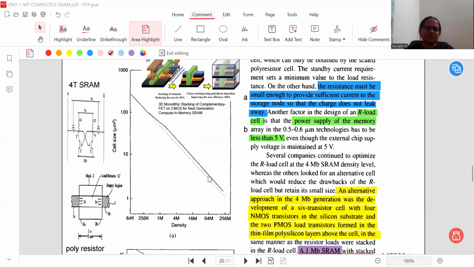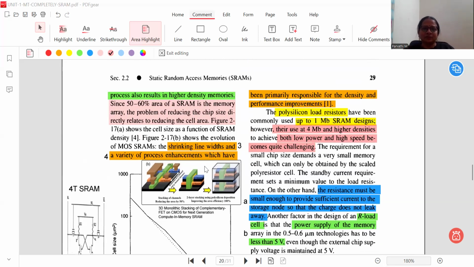Similarly, at larger memory sizes it comes down to between 10 and 1, say for example 8 micrometer square cell size. Even if you go for 256 megabit memory, the cell size is reduced nearly to 1 micrometer square. So you can imagine how much the cell size is reduced, and how much the effective length is reduced accordingly. So this graph is very important.